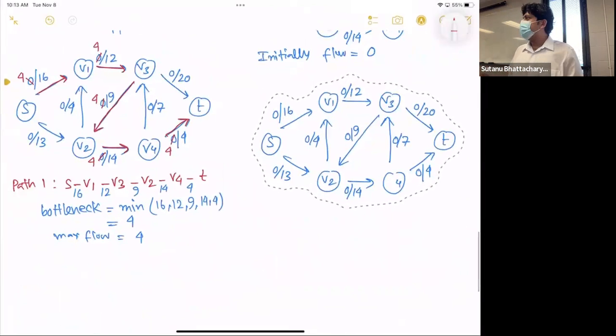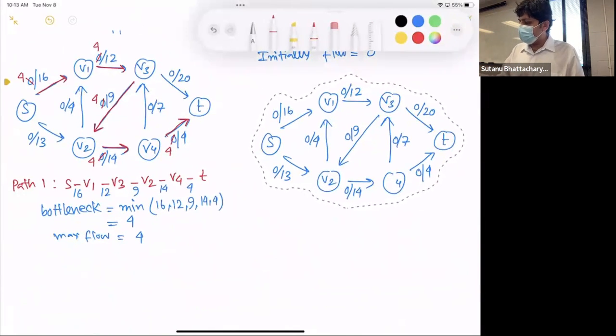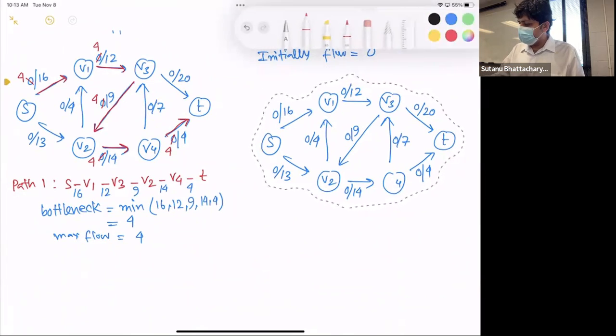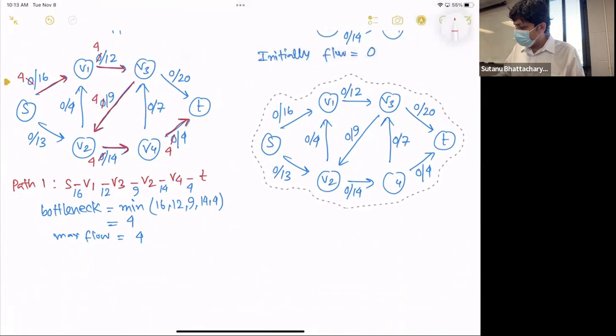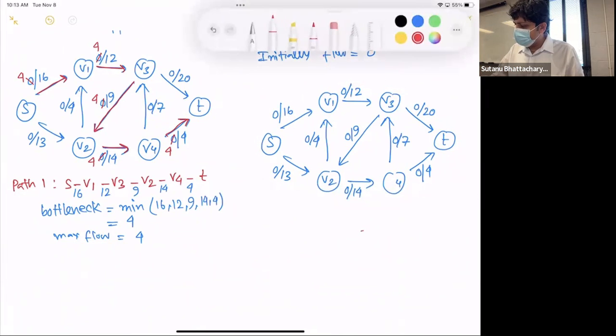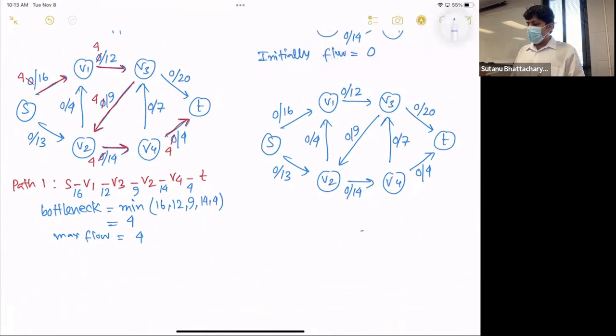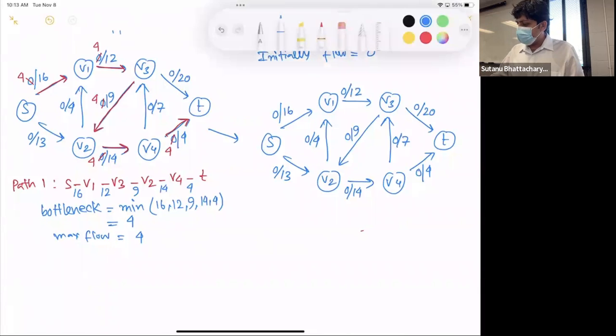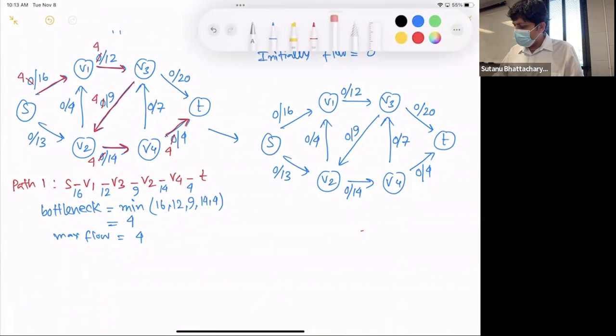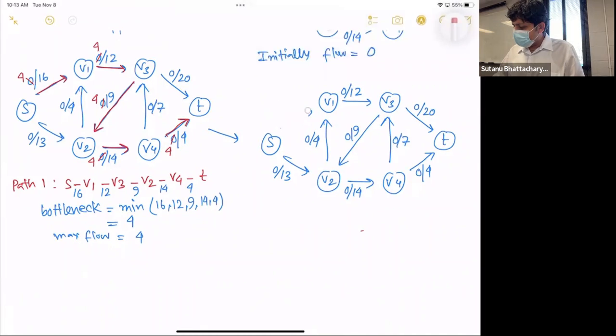Okay. Now what we'll do, we'll draw the residual graph. From this point, we'll draw the corresponding residual graph. Okay, how to do that? I'm omitting the edges throughout the path that we have chosen.